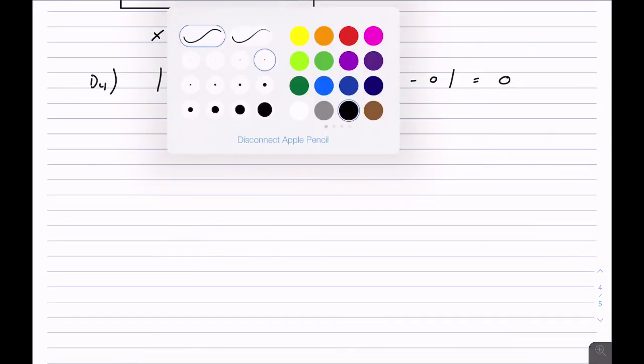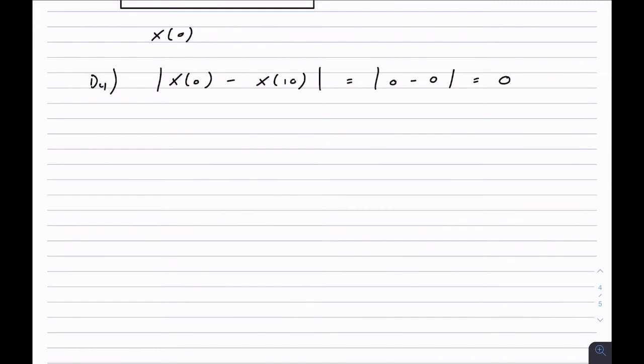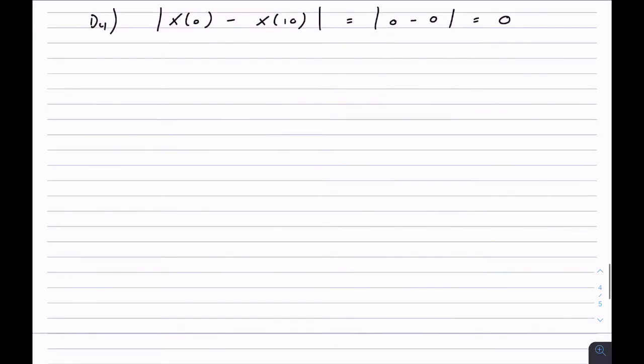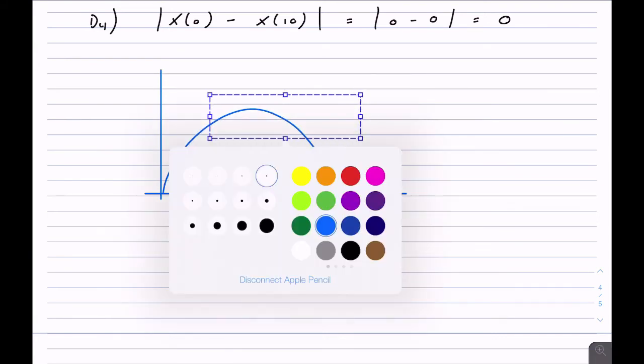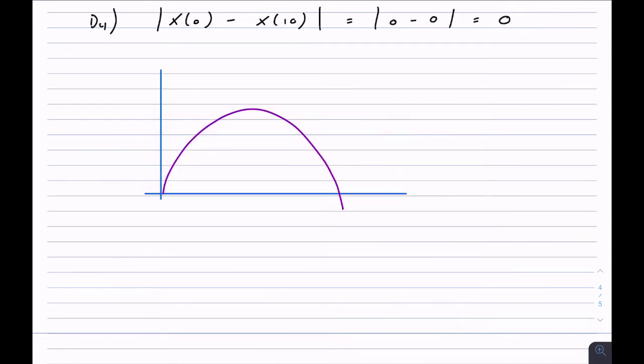One thing I should note here is that when you're looking at this problem, we had, recall, the function looks something like this. Where this was 25 meters. This is the halfway point between x equals 0 and x equals 10.